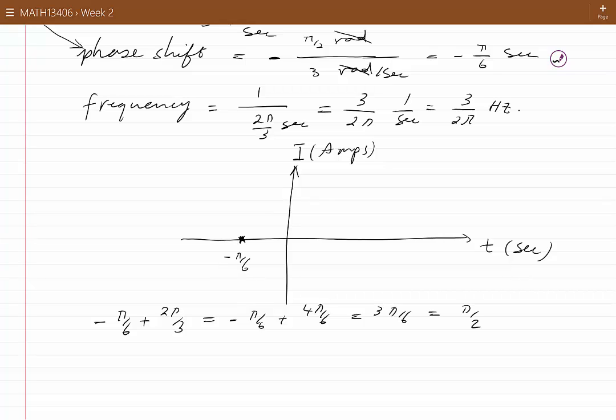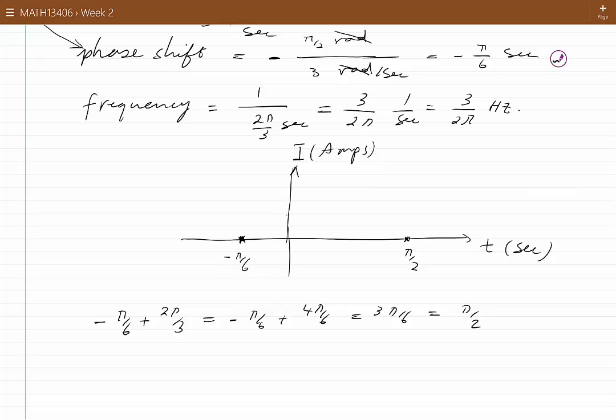I also show π/2. Since π/2 equals 3π/6, the length from here to the axis must be 3 times the distance from the axis to minus π/6, just to make sure that the graph looks somewhat close to the actual graph. Okay, I erase the y-axis.